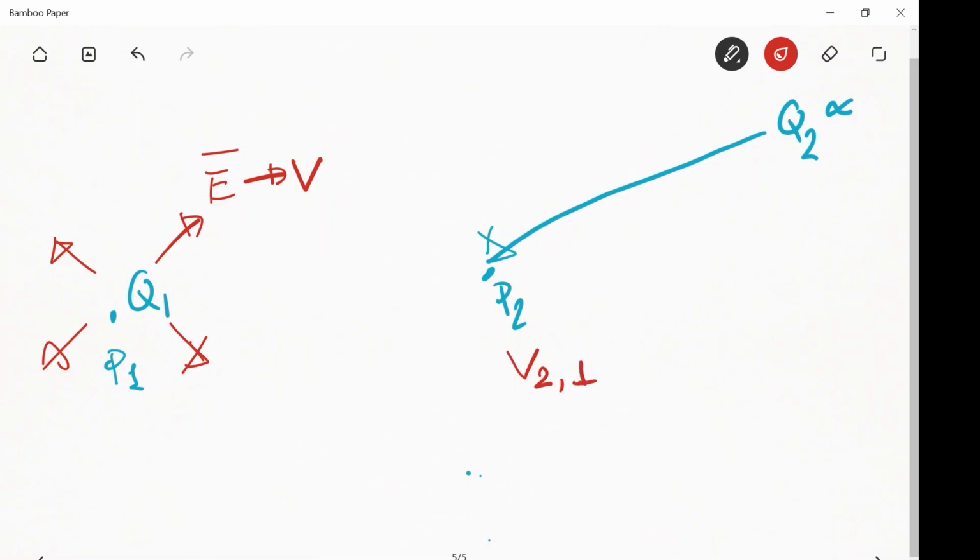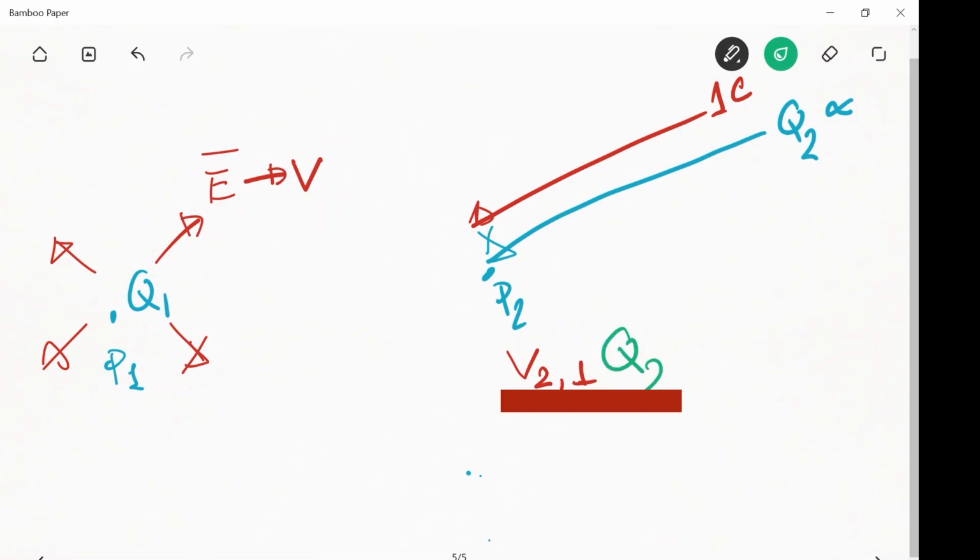What does it mean? It means that if I have 1 coulomb at infinity and I move it to here, then I need to do this work. But I have Q2 coulombs, so I need to do this work to move Q2 to this point.